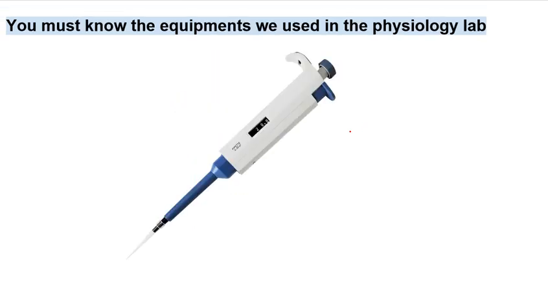And then the next item is called the microliter pipette. We use the microliter pipette to accurately measure and transfer small volumes of solution. So make sure you know the name of this item, which is called the microliter pipette.